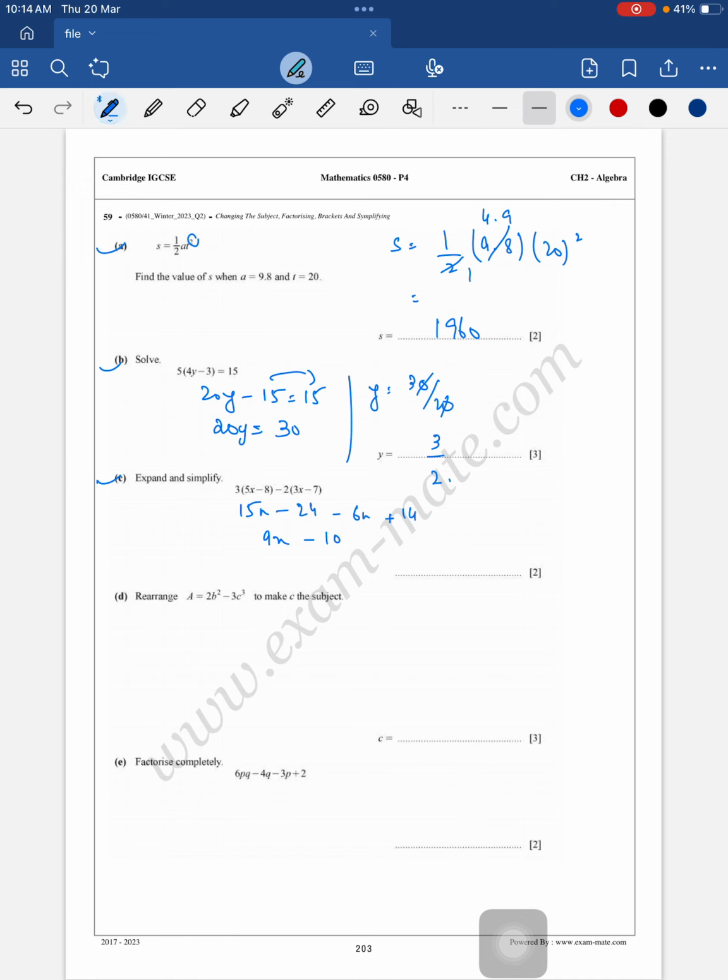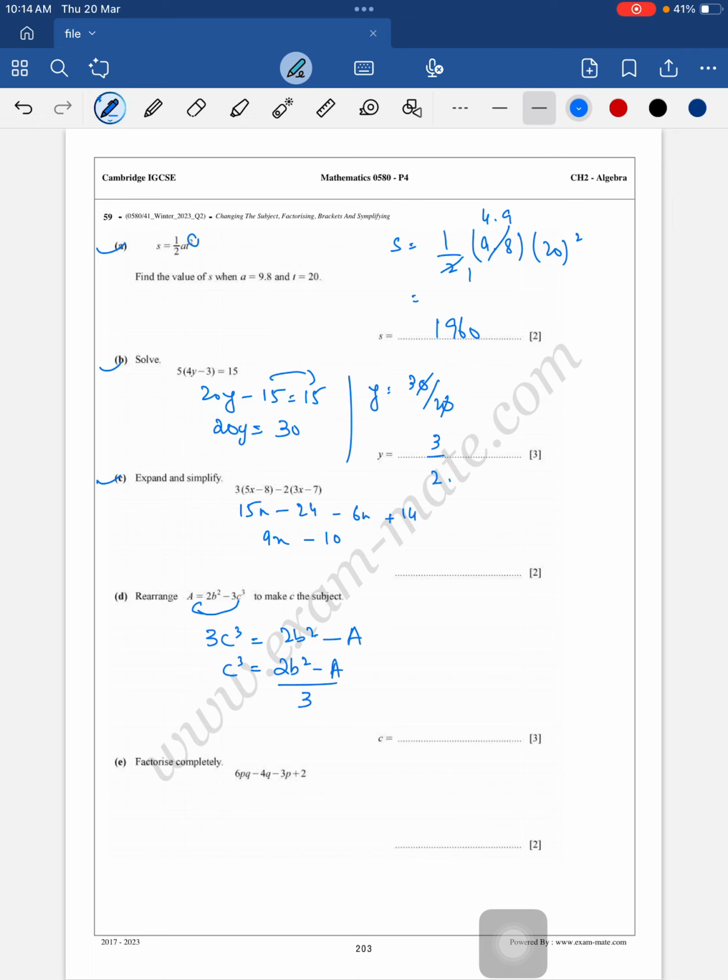Now we are moving towards 59 part D. Rearrange a is equal to 2b square minus 3c cube to make c the subject. So minus 3c cube goes over there. 3c cube is equal to 2b square minus a. Now c cube is equal to 2b square minus a upon 3.